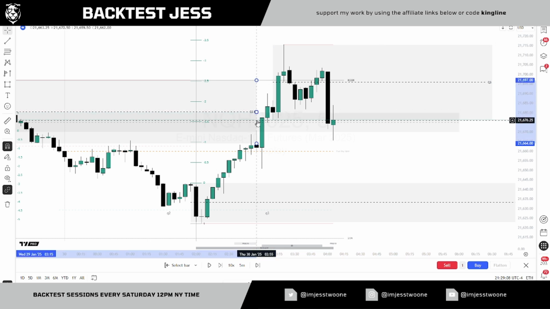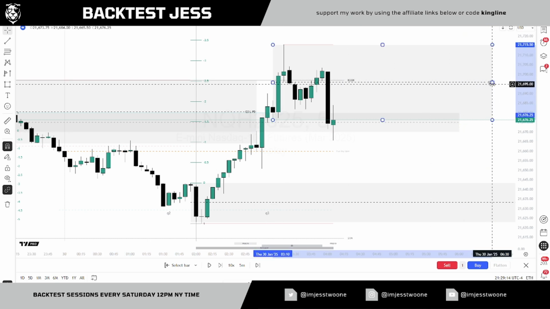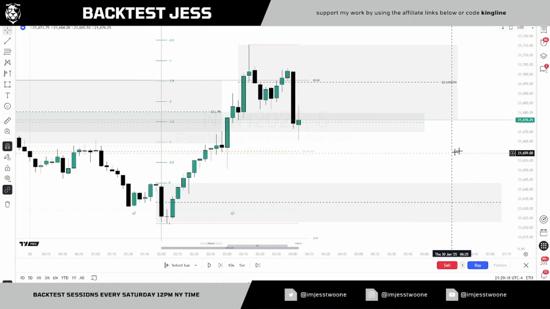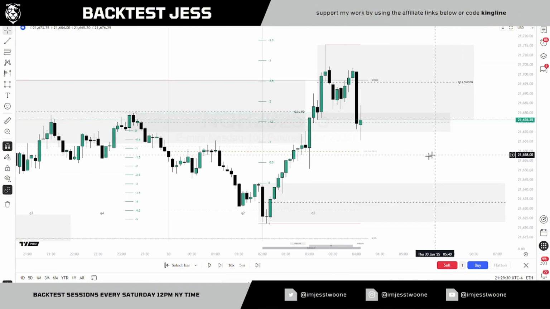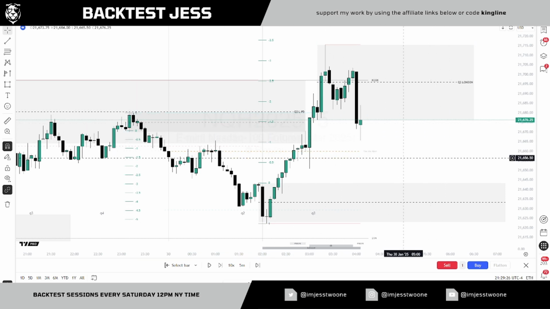Let me put in here, that's also previous day. And then this is Q3 London current day, hopefully if it holds. And this is Q4 Asia. Also back this up so it's not confusing.